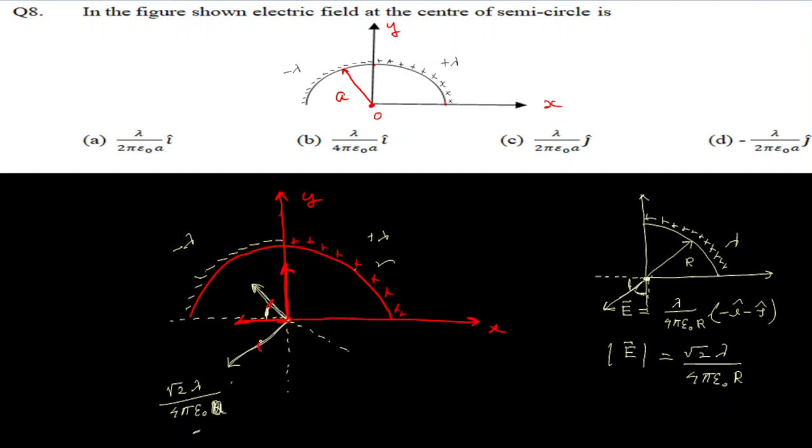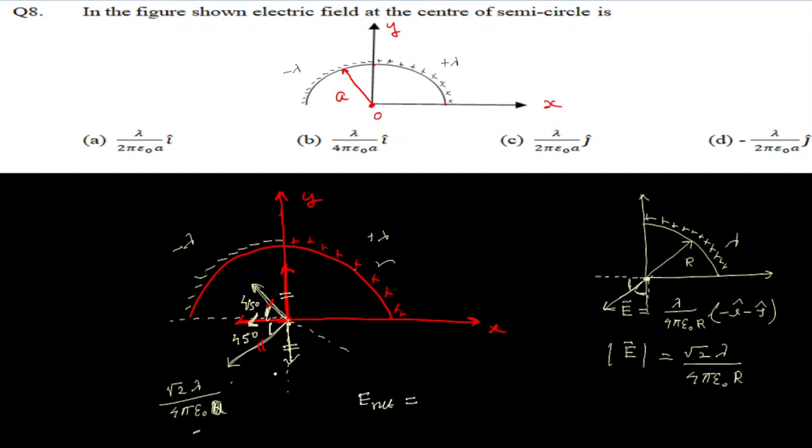In the same way, decomposing the other field, one component will be along minus y-axis and another along minus x-axis. This angle is also 45 degrees. So these two y components will cancel each other, and the net electric field will be in the minus i cap direction.